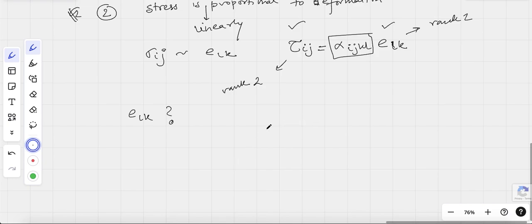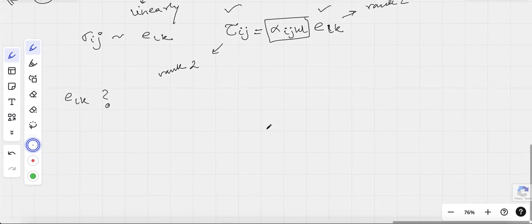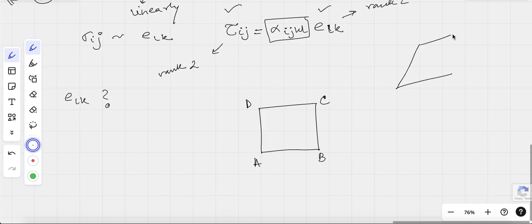Let us consider a fluid element A, B, C, D. This has moved in space, both rotated, sheared, and translated. It has moved to A dashed, B dashed, C dashed, D dashed.